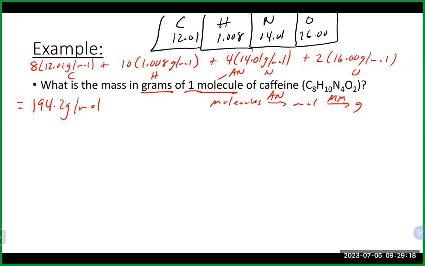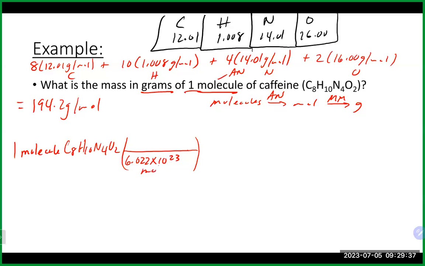We're actually starting with 1 molecule here of our caffeine, C8H10N4O2. So first we're going to do our Avogadro's number here. We do want to get rid of molecules, which means Avogadro's number does need to go on the bottom, and that would be molecules per mole of our caffeine.